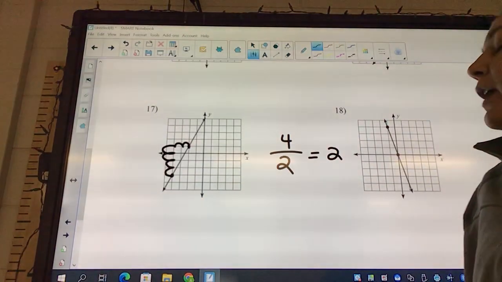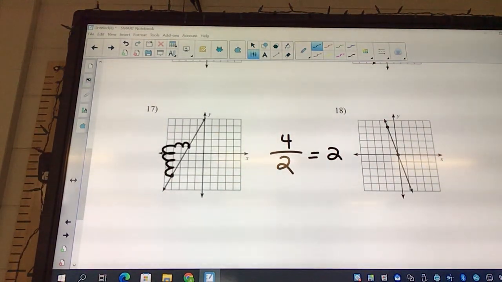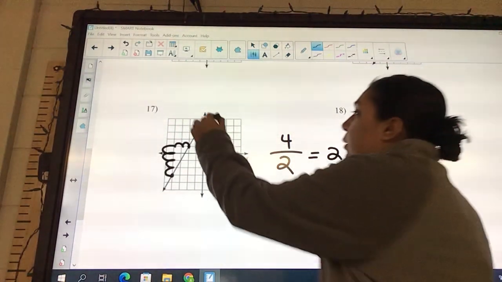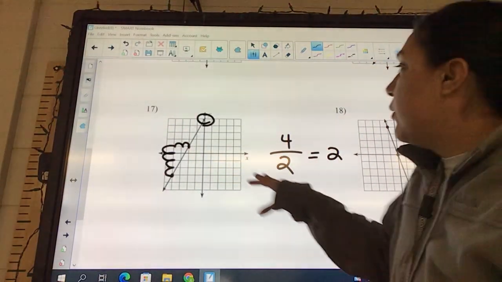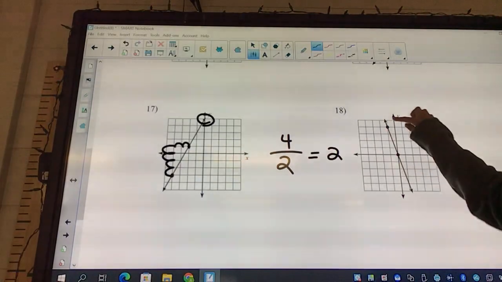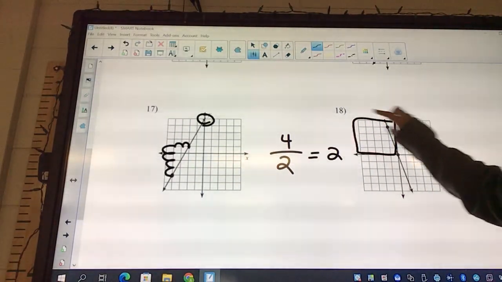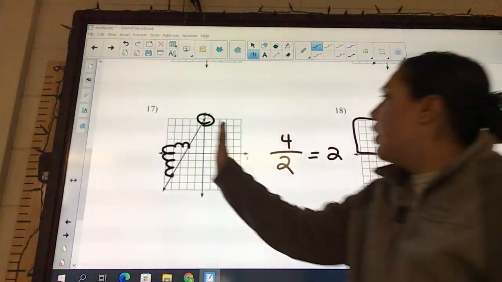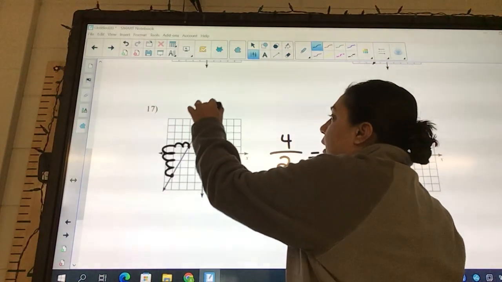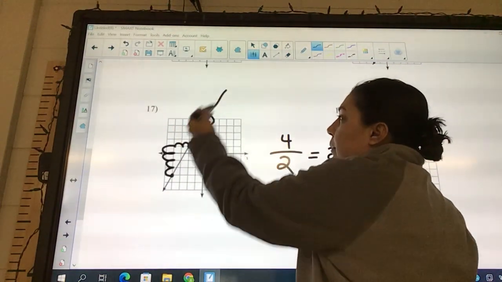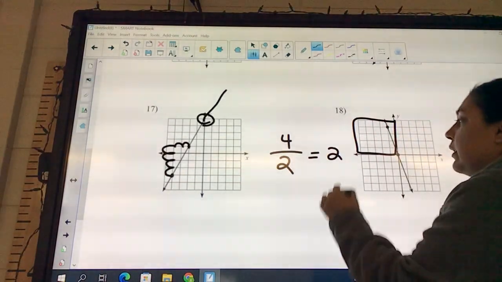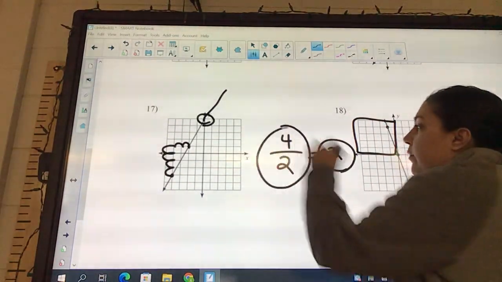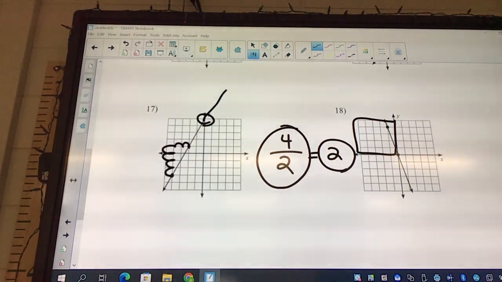Then we ask whether this is positive or negative. The top arrow is here. Although it's not really in this box, if you extend this line, it's going to end up going in that direction. So this is positive. Either answer would work, 2 or 4 over 2, but it's positive.